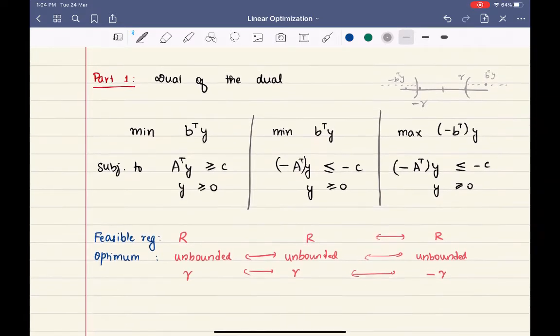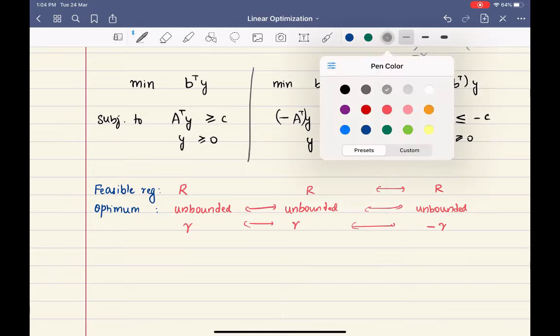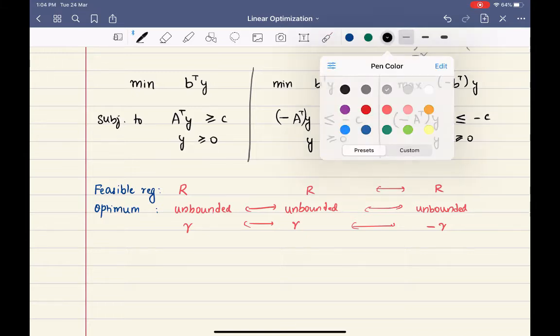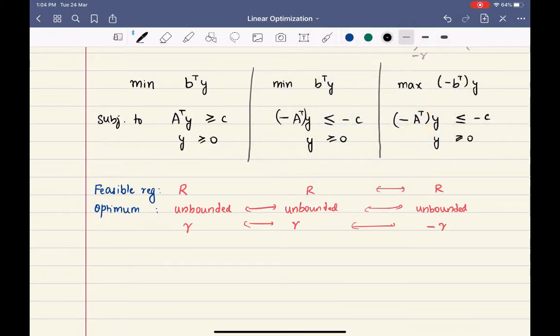Now this LP is in the form of the primal that we saw last time. So what is the dual of this? The dual of this would be min of minus C transpose X. Suppose we multiply variables x1, x2 till xn to the constraints.